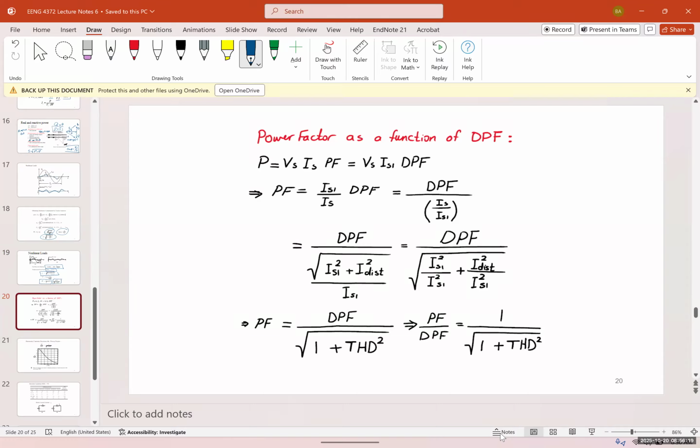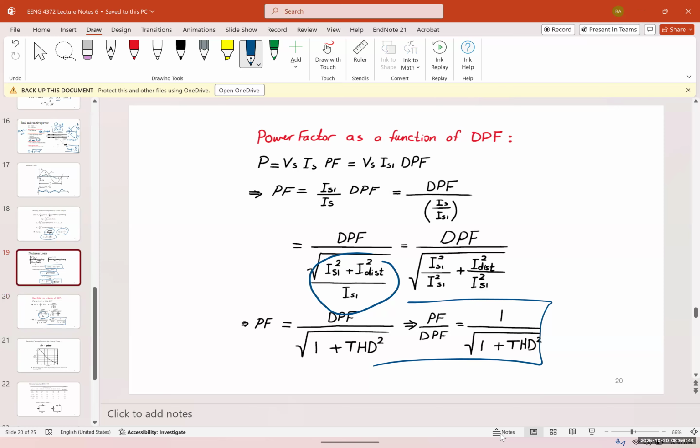And when we solve it, the PF would be the displacement power factor over IS over IS1. And we can replace IS over IS1 with this equation from our graph. And finally, we get the power factor over displacement power factor is going to be 1 over the square root of 1 plus THD squared, where THD is the total harmonic distortion.